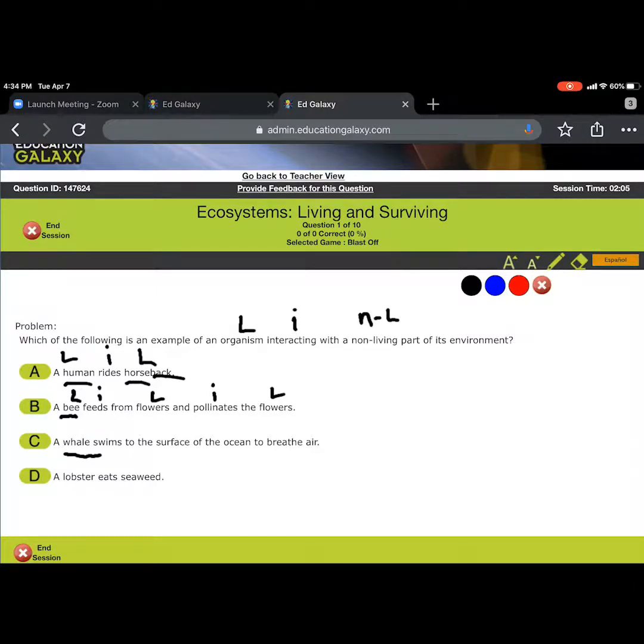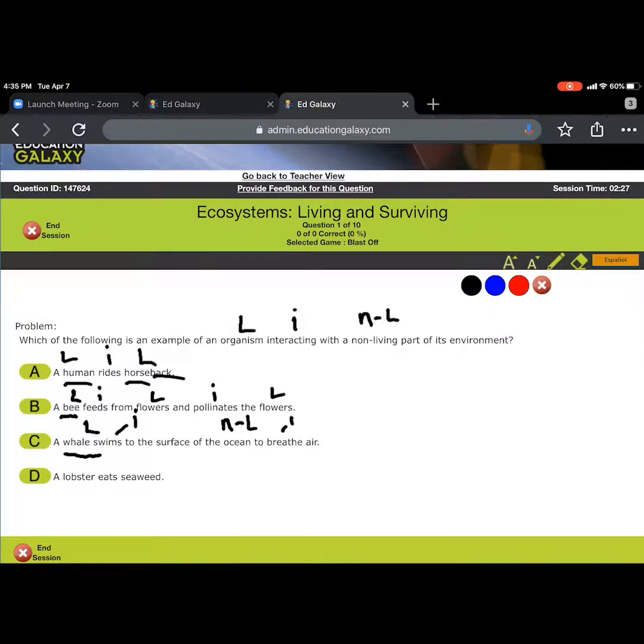All right, a whale, that's living, swims, that's interaction, the surface of the ocean to breathe air. Okay, so this is swims the ocean, the surface of the ocean. That's NL.